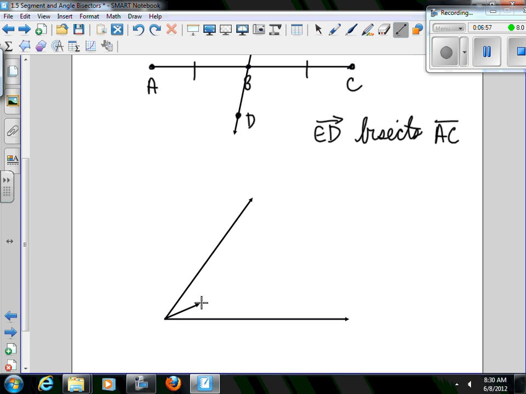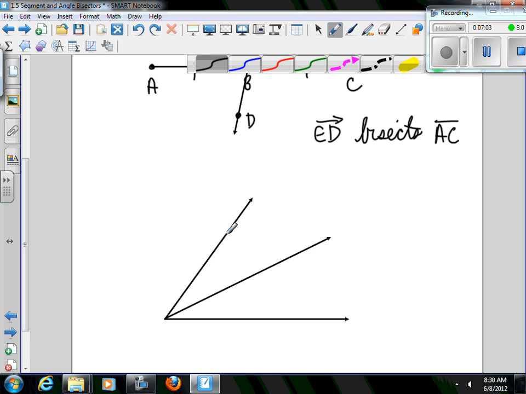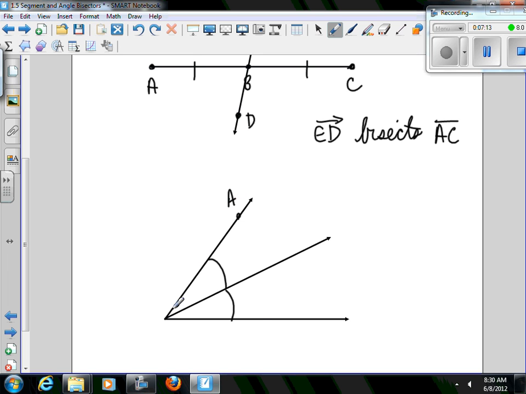I'm just going to try to make it look like it's pretty equal. A bisector will divide an angle into two equal parts. So these two angles should be equal to each other. And if we actually want to talk about them, let's say this is angle ABC, and this is ray BD going through it.